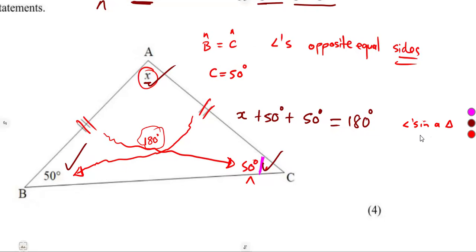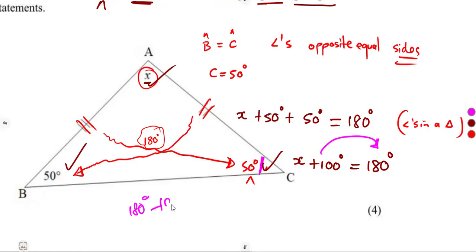So meaning to say that we can solve for X. All right. So let's add our angles. 50 plus 50, that's 100, which is equal to 180 degrees. So to solve for X, we can transpose, take the 100 to the other side. That's 180 minus 100, which was going to give us what? 80 degrees.